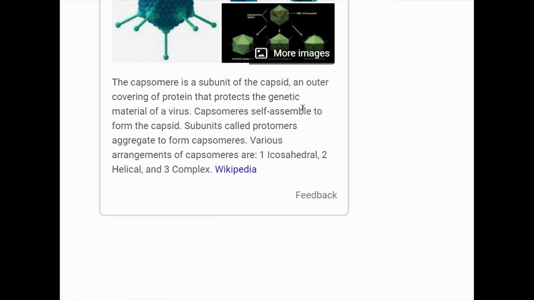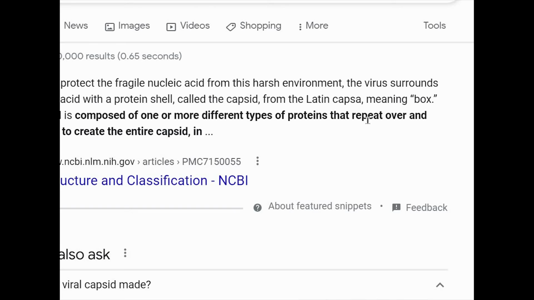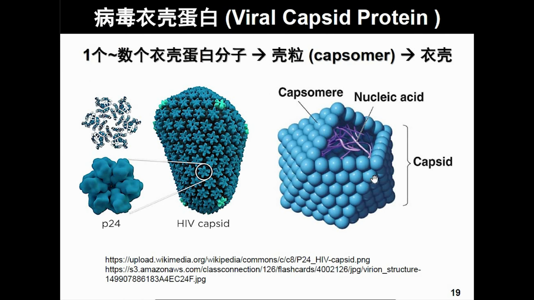Yeah, capsomeres self-assemble to form a capsid. And then how is a capsomere formed? Capsomere is formed like this. It is composed of different types of protein, and it will repeat over and over again. Small repeating proteins will make the whole entire capsid, which covers the nucleic acid.